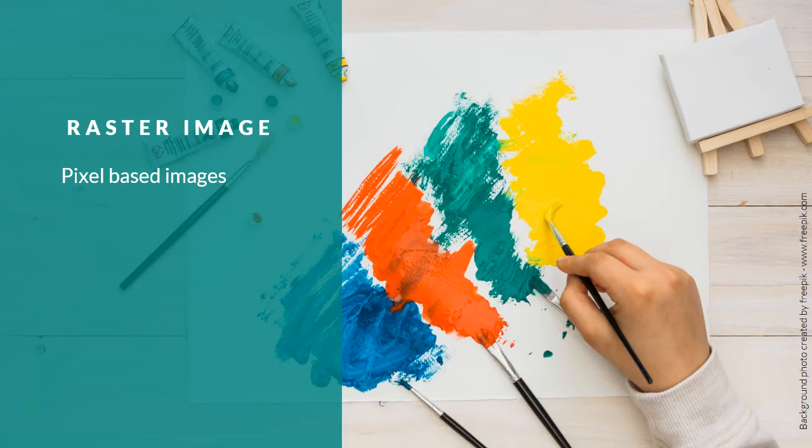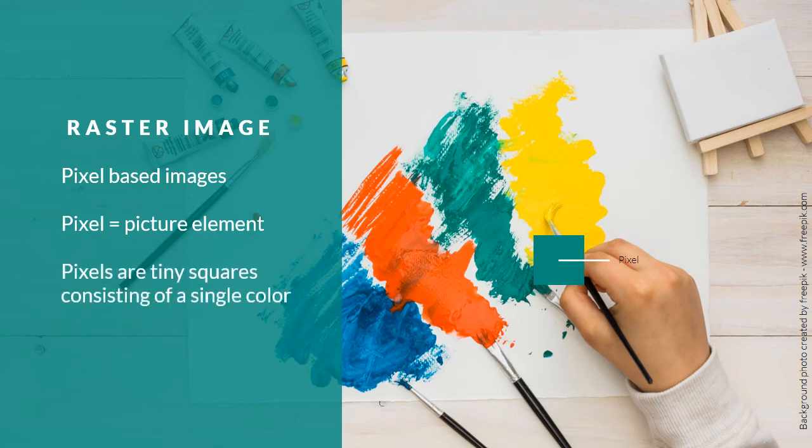A pixel is a unit of measurement used in graphic design. Pixel is short for picture element, and a pixel is a single square of color that represents the smallest part of an image. A pixel is roughly 1/96th of an inch or 0.26 millimeters and is always a square, like this.